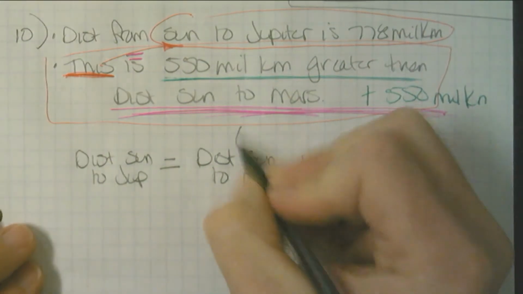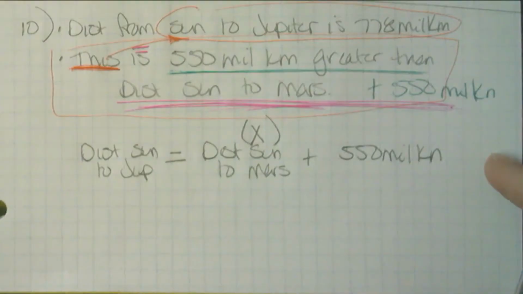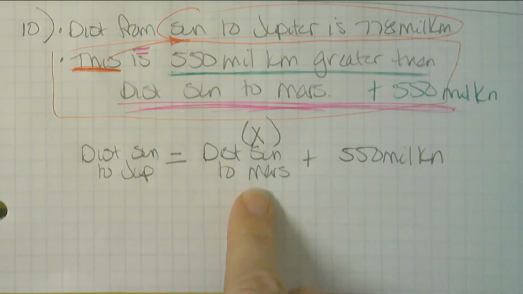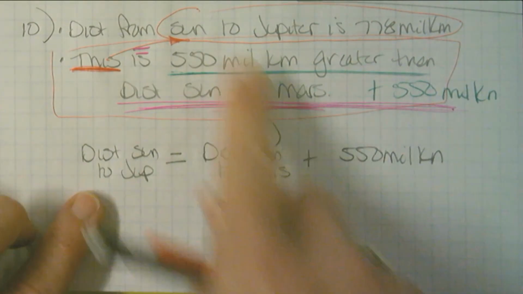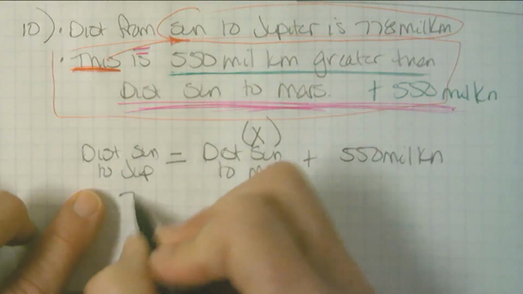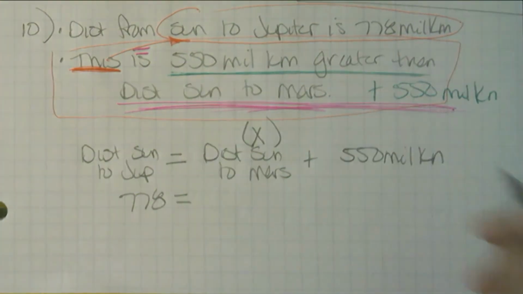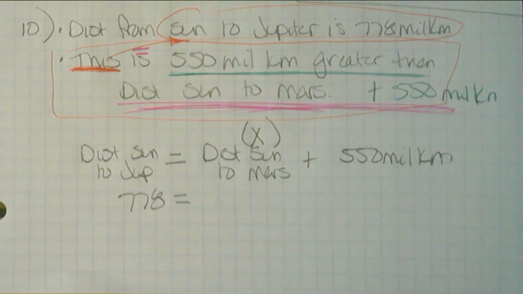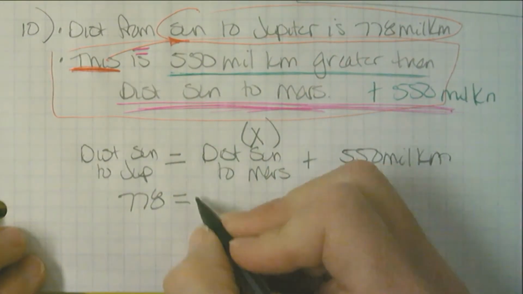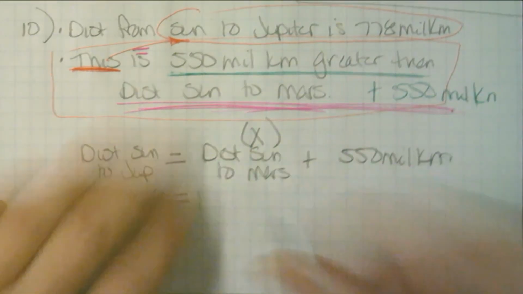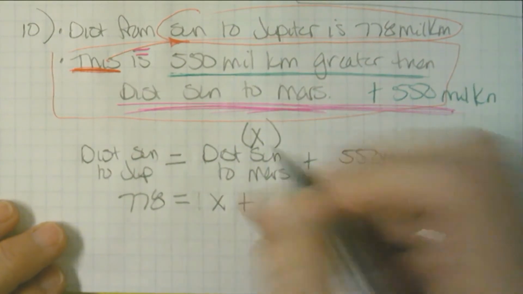I don't know my distance from the Sun to Mars. There's my x. Well, the distance from the Sun to Jupiter is 778 equals, I'm going to leave the million kilometers off, I'll put that on at the end, x plus 550.